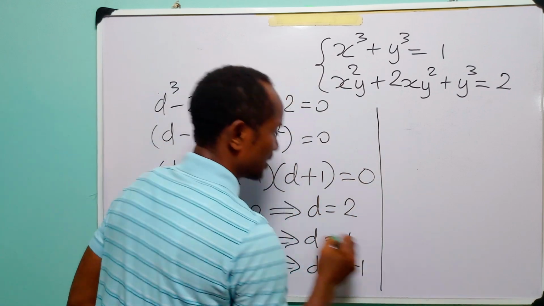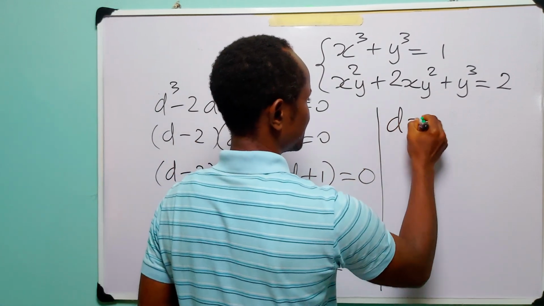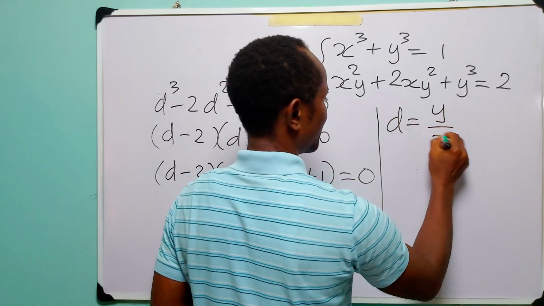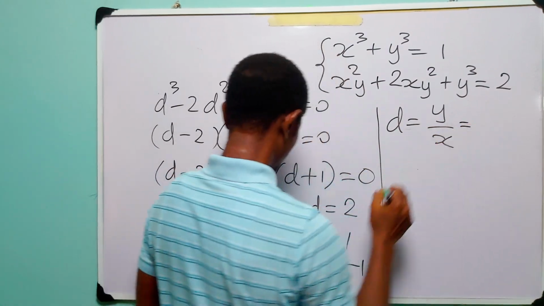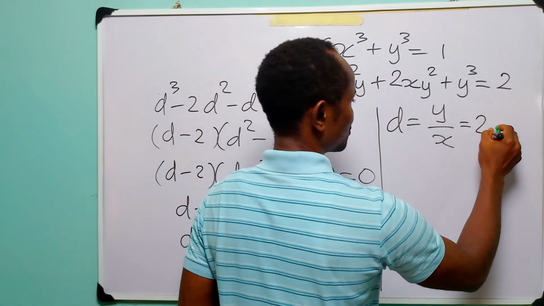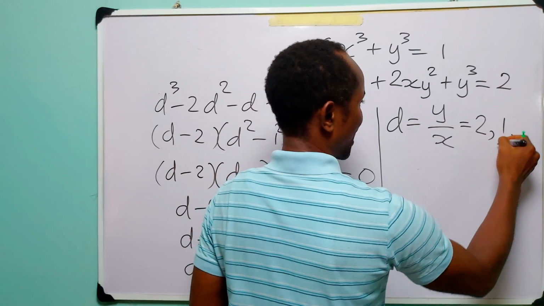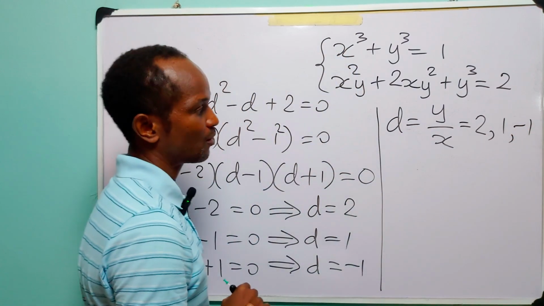But let us remember that d is equal to y over x. So that means that y over x is equal to 2, or 1, or -1.